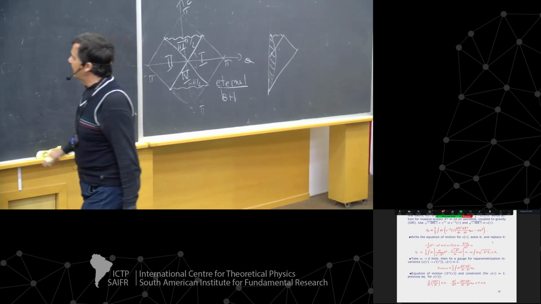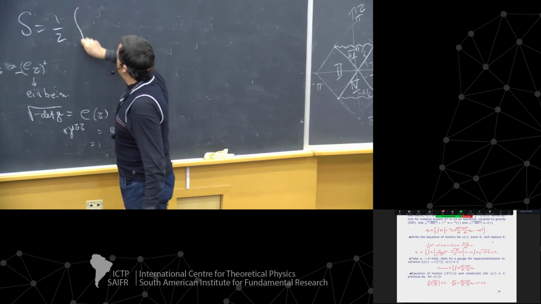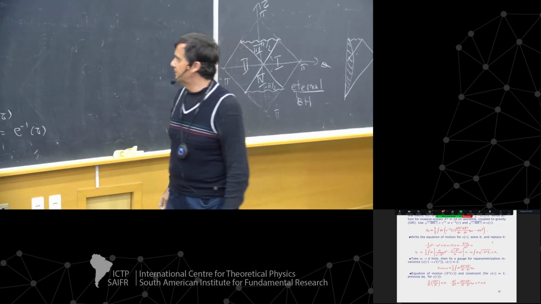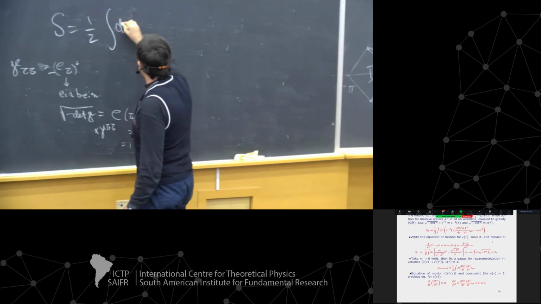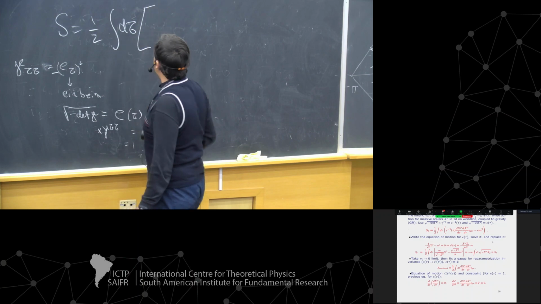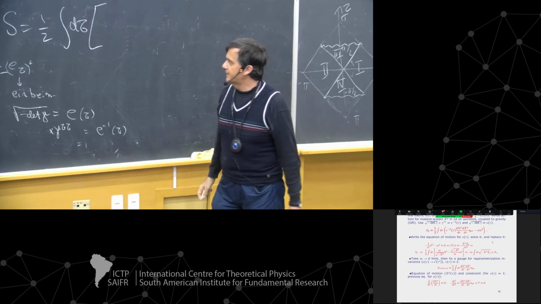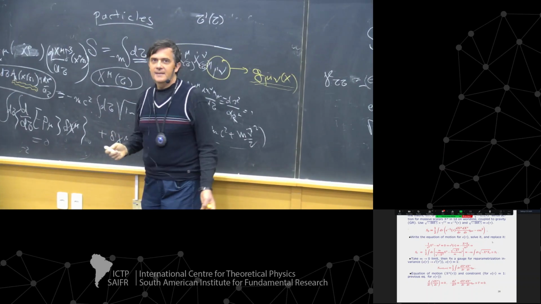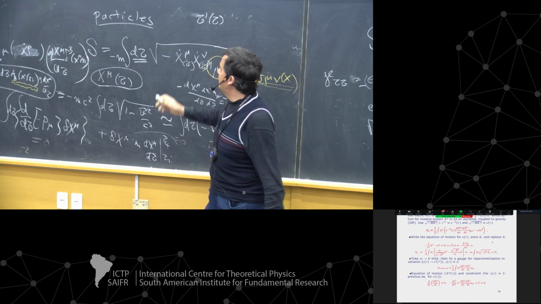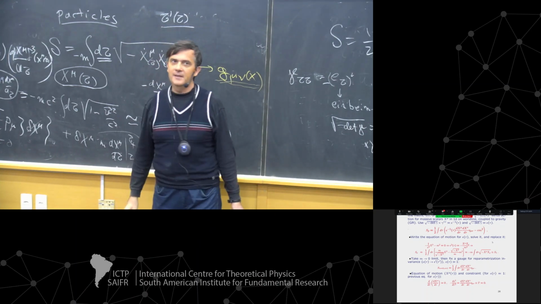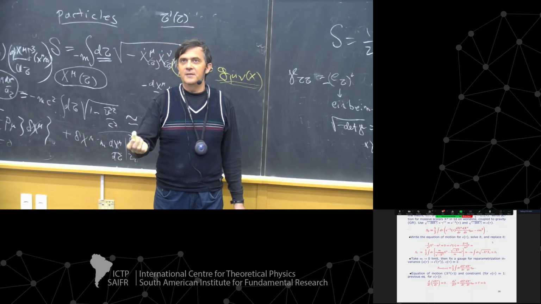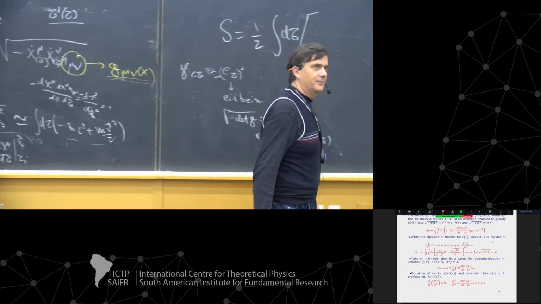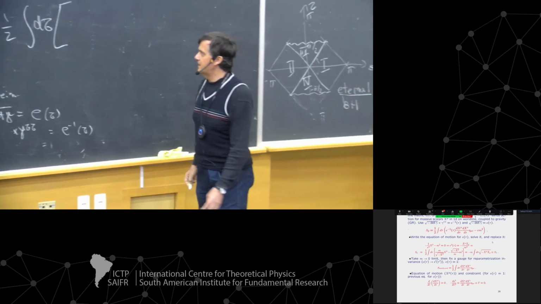So if I write an action for general relativity on the one-dimensional line, what would I write? Well, this x of tau is a scalar. If I have a reparameterization tau prime of tau, the position does not change, right? So x prime of tau prime is equal to x of tau from the point of view of the reparameterization.